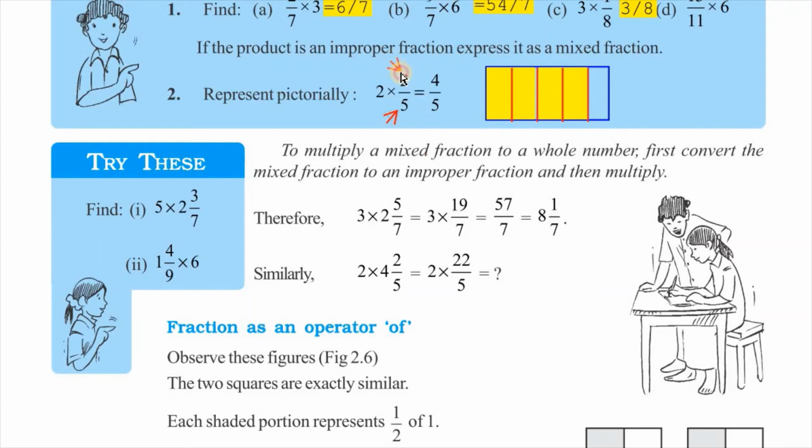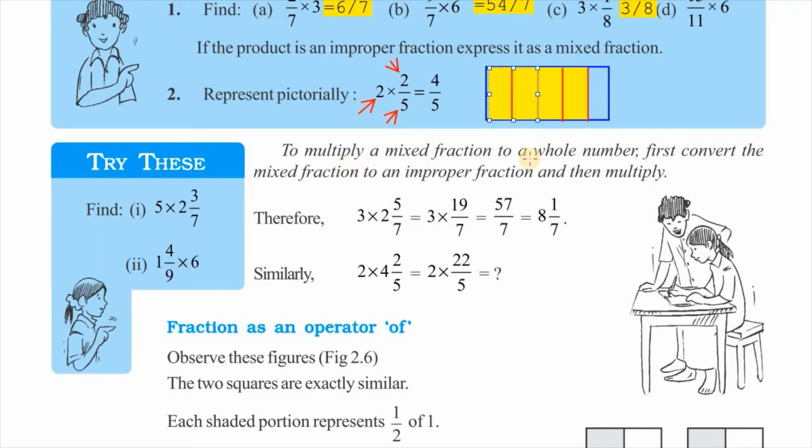Then you shade the numerator number of parts and you repeat it by the whole number of times. So here we have 2 by 5, which is why we took this fraction first, and then we did that 2 times. So 2 into 2 by 5 is thus equal to 4 by 5.